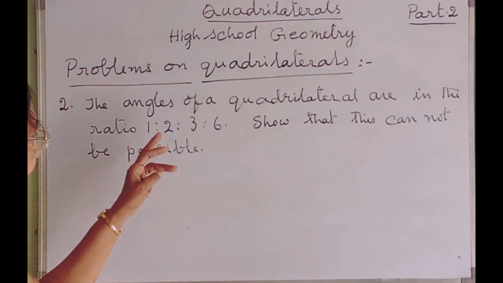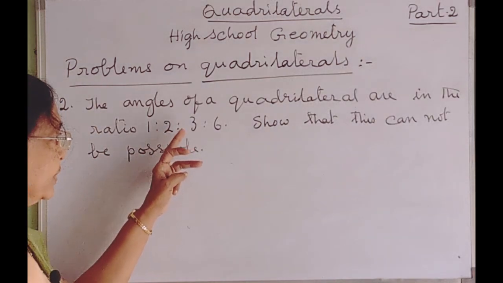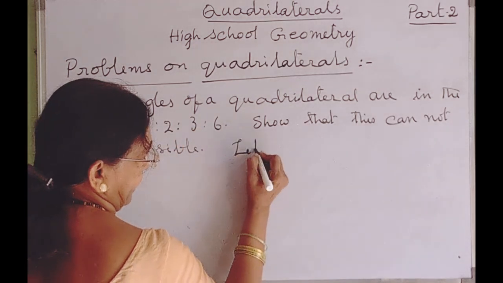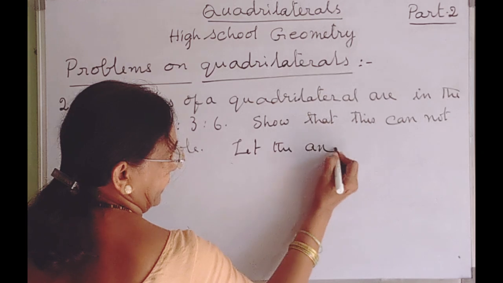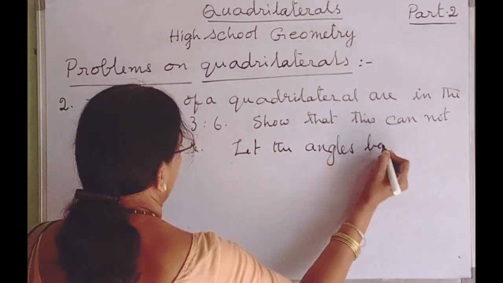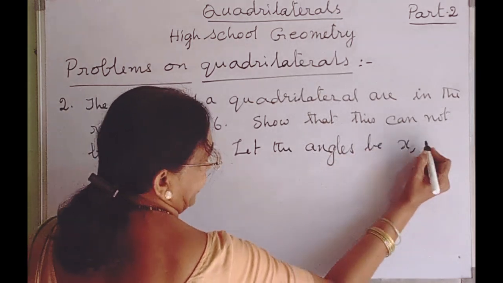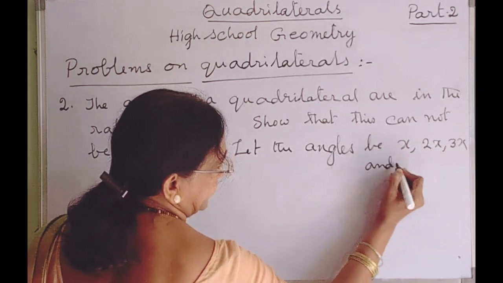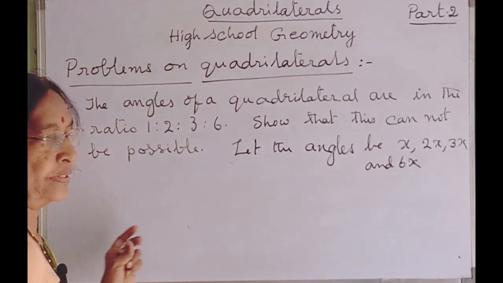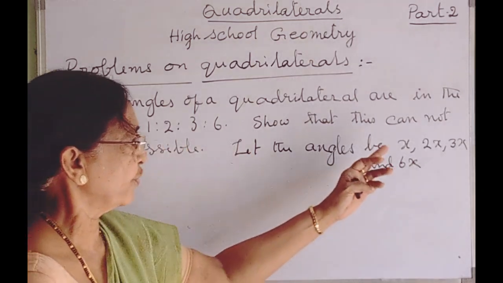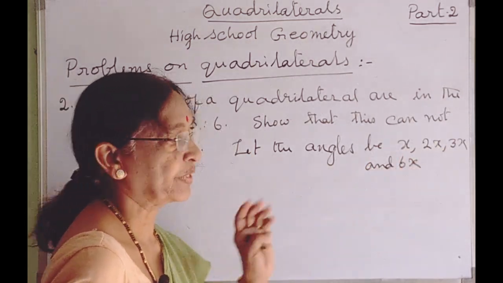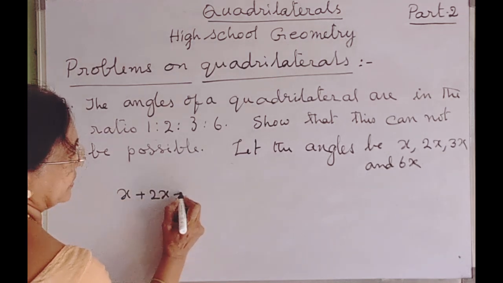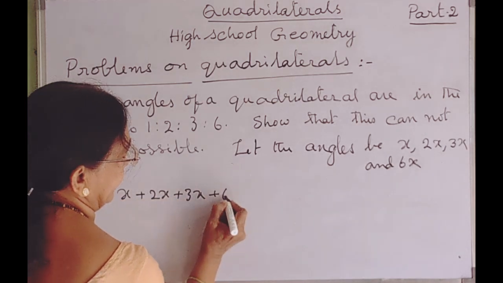If the angles are in this ratio, then let the angles be x, 2x, 3x and 6x. Then only they are in the ratio 1:2:3:6. Therefore, sum of the angles x plus 2x plus 3x plus 6x.